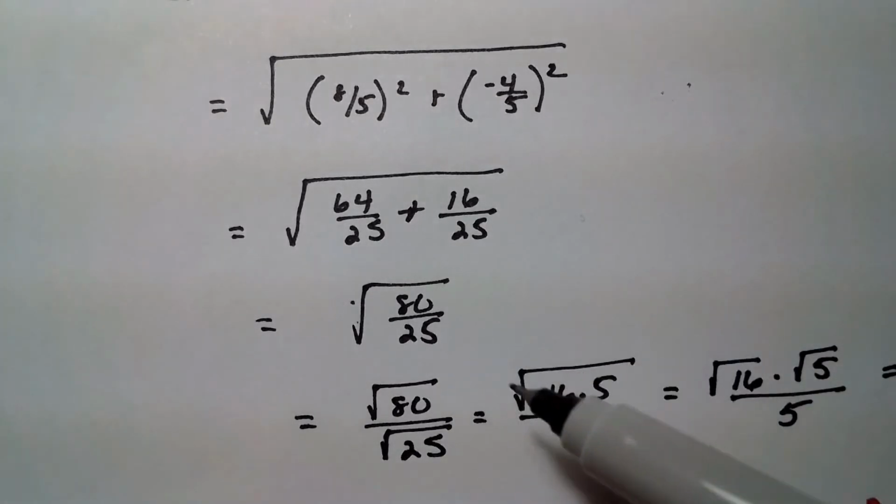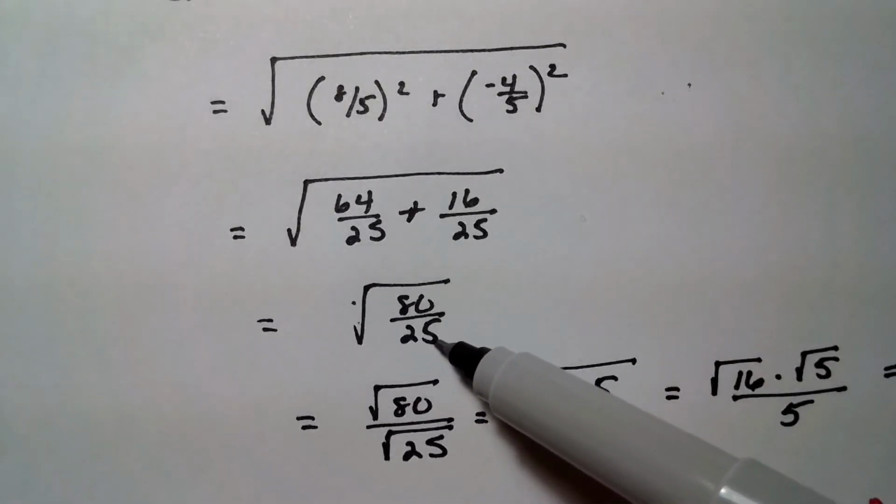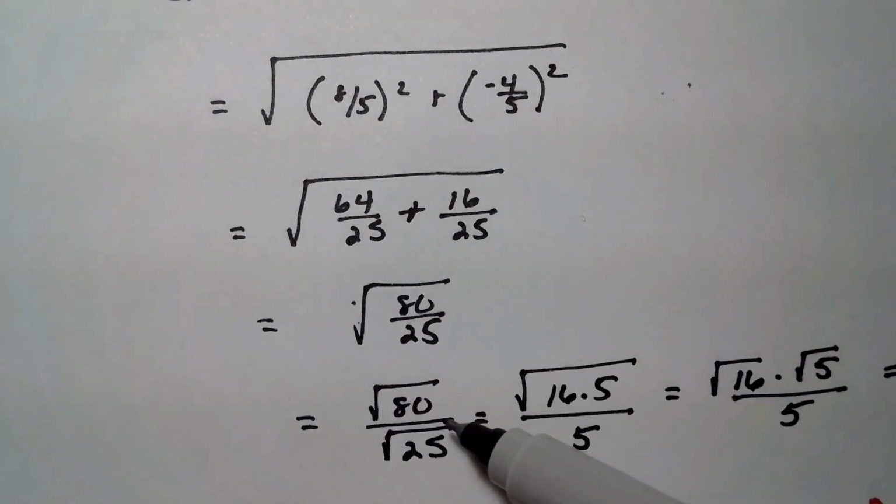The rules of radicals say from Algebra 1 that if you have a quotient or a fraction underneath a radical, then you can rewrite it as the top in its own radical divided by the bottom in its own radical. And I know that the square root of 25 is 5, so I took that out. Now I need to clean this up. I have to find the factors of 80 such that one of them is a perfect square.